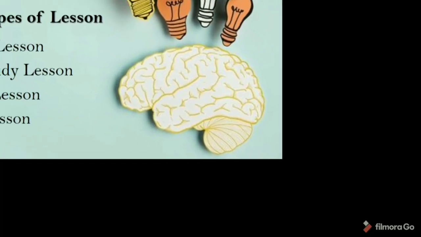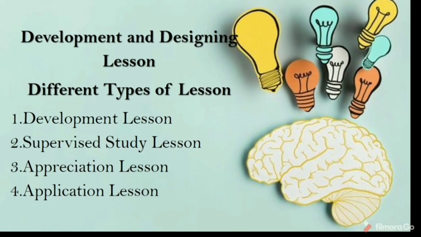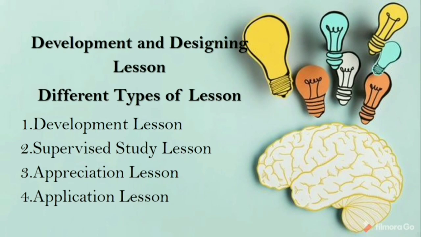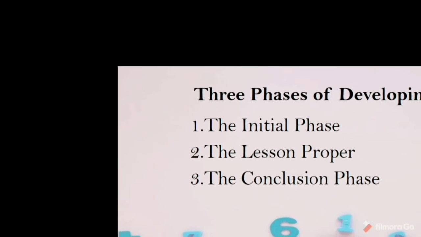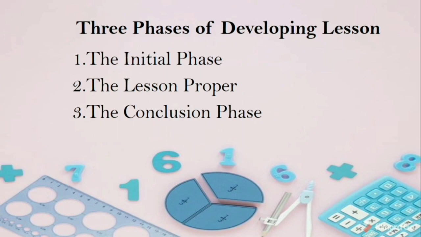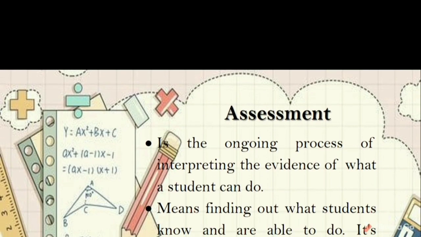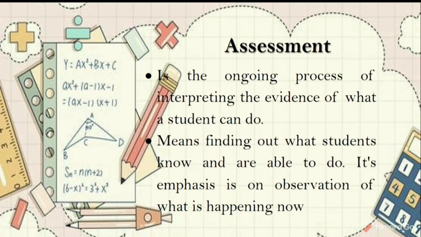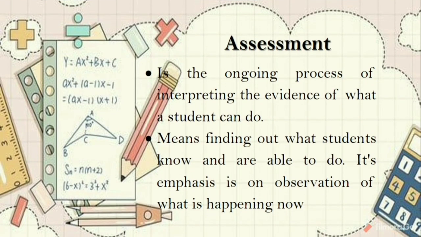Development and designing lesson. Different types of lesson: development lesson, supervised study lesson, appreciation lesson, application lesson. Phases of developing lesson: the initial phase, the lesson proper, the conclusion phase. Assessment is the ongoing process of interpreting the evidence of what a student can do.